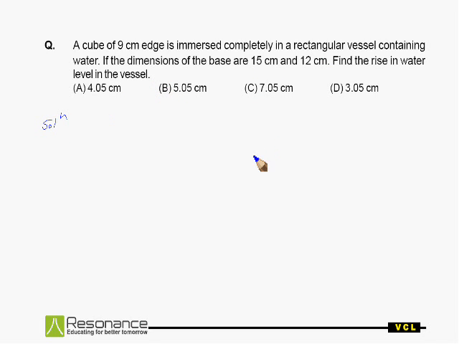In this question, we have a cube of side 9 centimeter immersed in a rectangular vessel of base 15 centimeter by 12 centimeter. So let's say this rectangular vessel is filled with some water up to a height, let's say h.